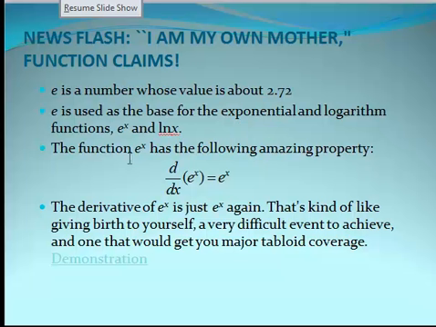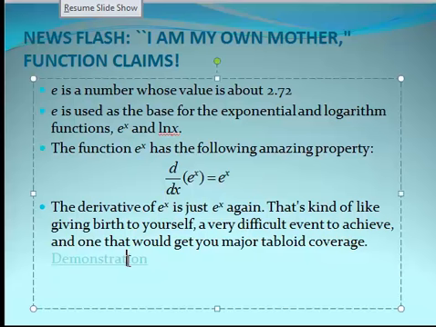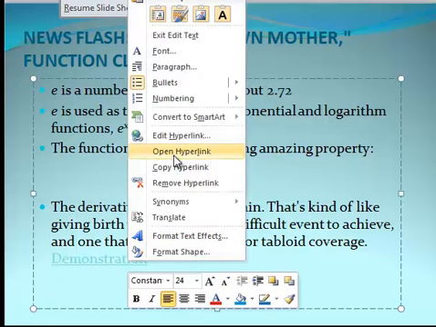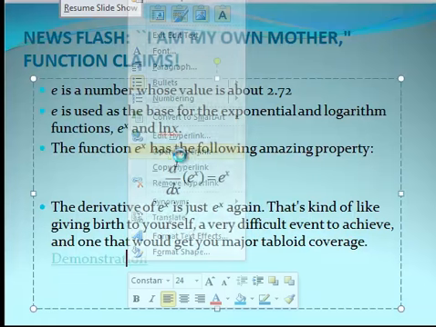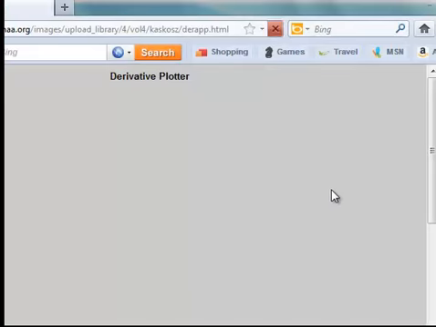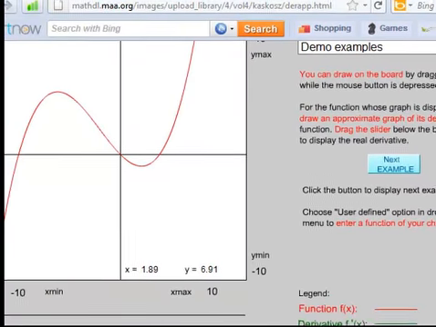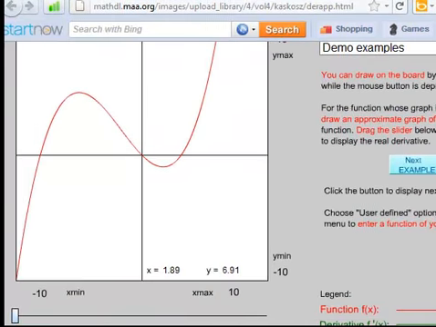The function e to the x has this amazing property that the derivative is the function itself. So it's sort of like giving birth to yourself.